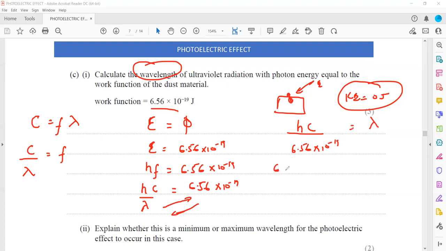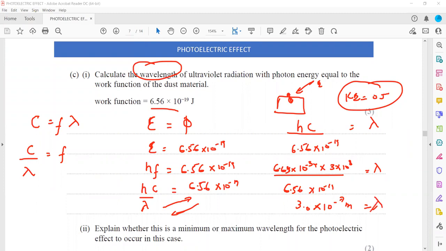Here h is Planck's constant, 6.63 times 10 to the power minus 34. c is the speed of light; all electromagnetic radiation travels at the same speed, 3 times 10 to the power 8, which is a constant, divided by 6.56 times 10 to the power minus 19, because that was the work function. This gives the wavelength, which will be 3.0 times 10 to the power minus 7 meter.